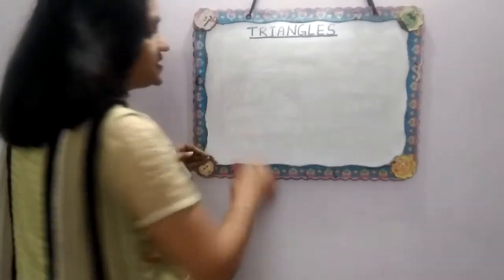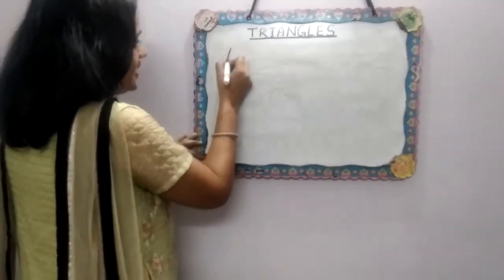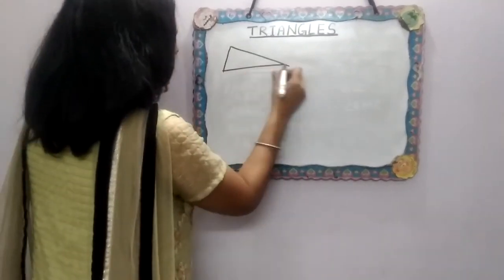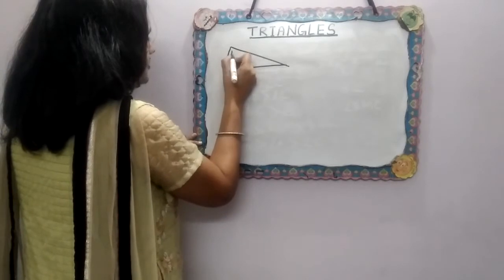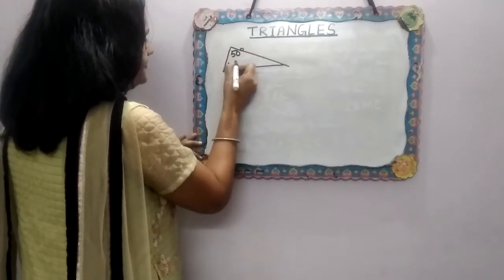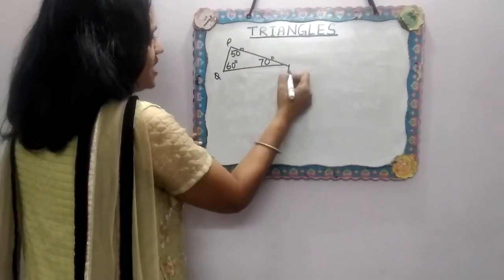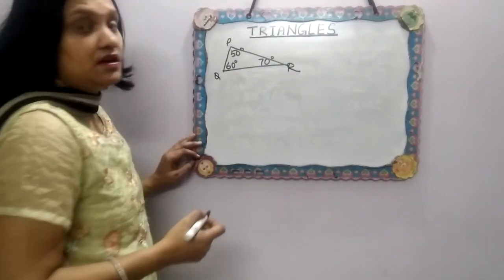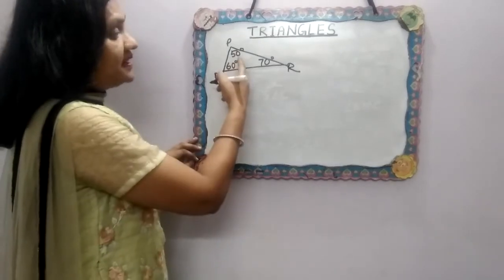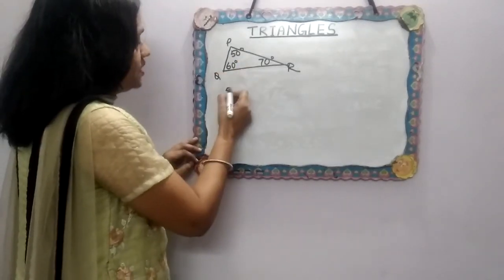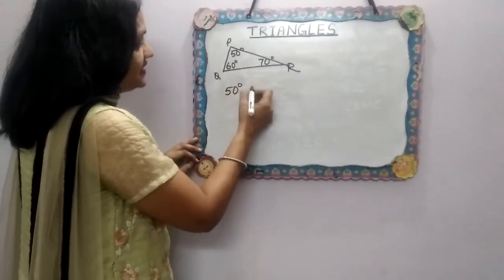The converse of this is also true. If you have a triangle with the angles 50 degrees, 60 degrees and 70 degrees. Now, which is the smallest angle of this triangle? This 50 degrees. And which is greater than this?